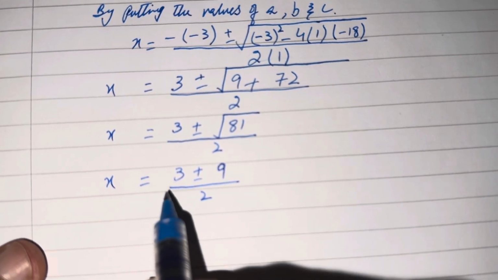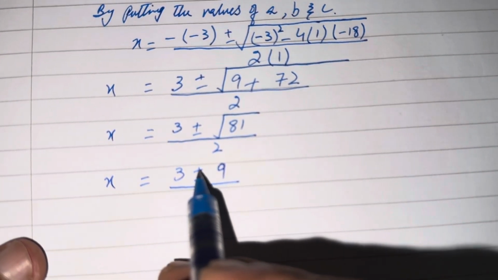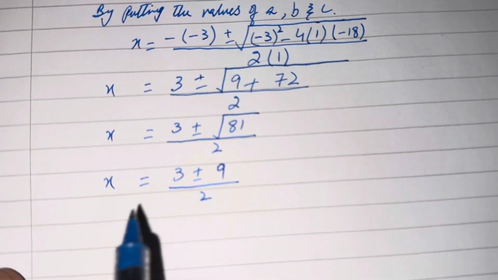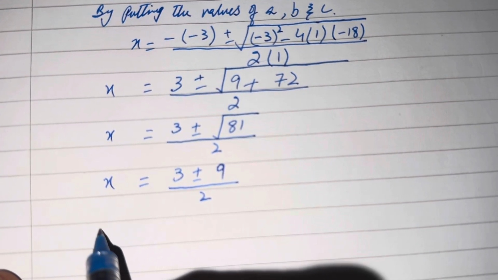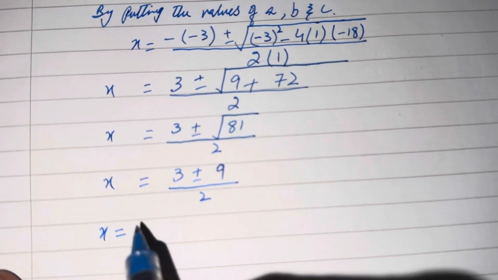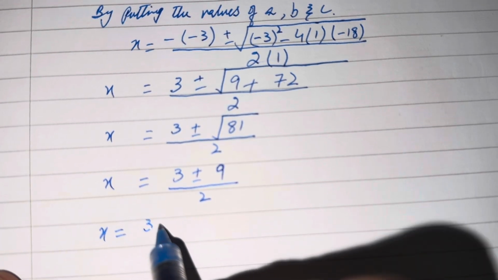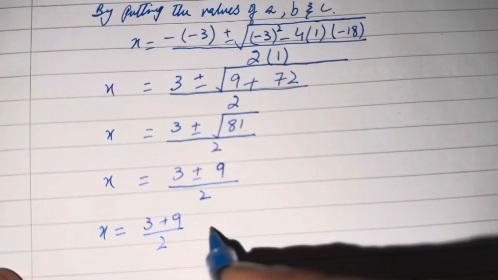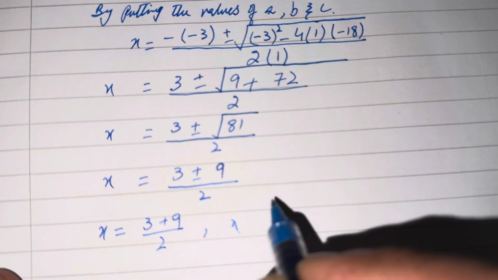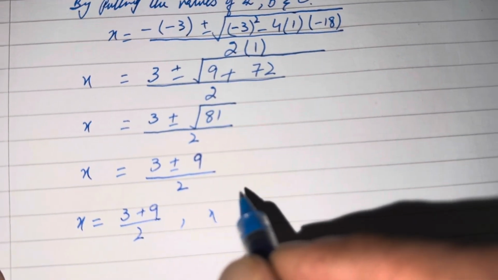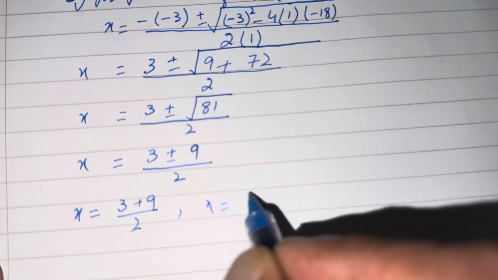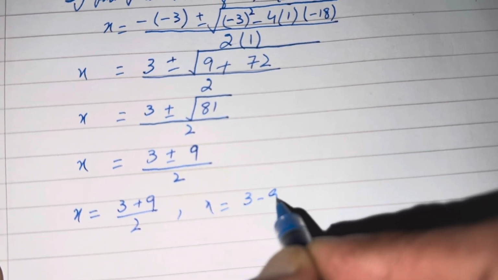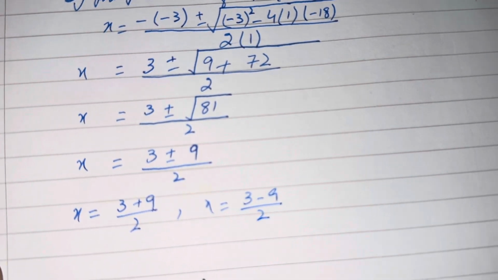Now separate this equation, one with the positive sign and one with the negative sign. So the equation will become x is equal to 3 plus 9 divided by 2, and the second condition is x is equal to 3 minus 9 divided by 2.